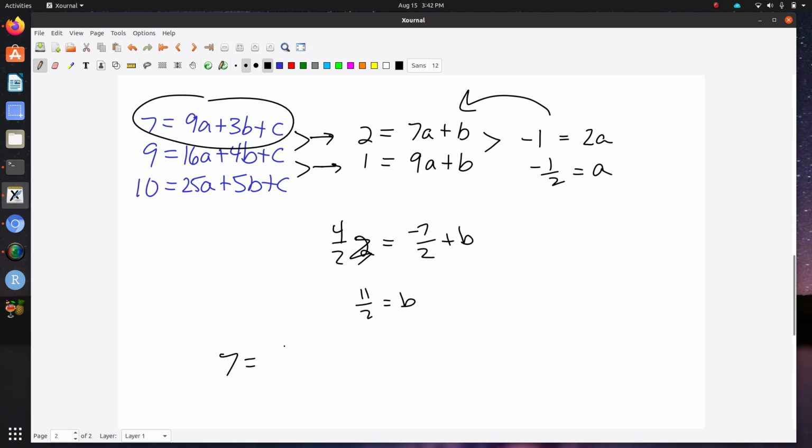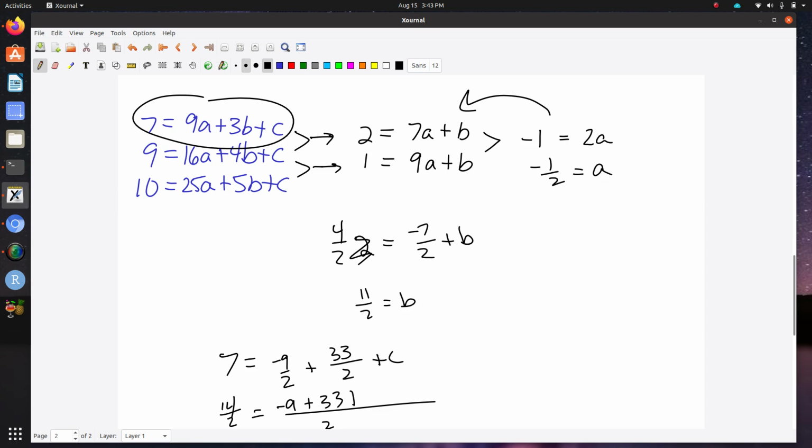7 is equal to 9a plus 3 of the b's plus the c. Oh, it's the c we want. The a we already have. So multiply by negative 1/2, and again convert this into something more manageable.